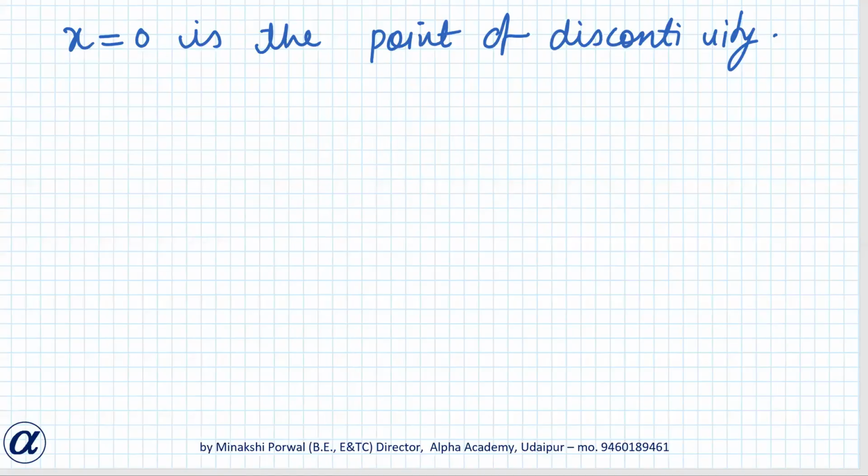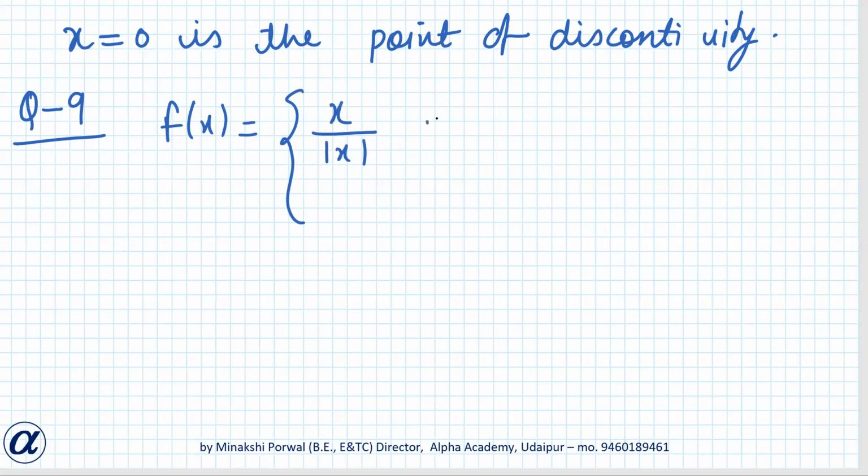Question number 9. Okay. f(x) equals to x upon mod x if x is less than 0, and -1 if x is greater than or equal to 0. Now again a modulus function.